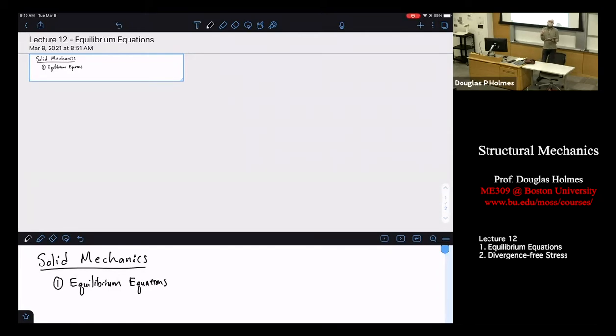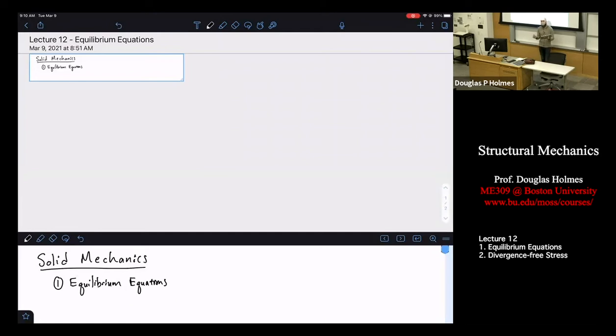One, the governing equations are differential equations. That's true for most field equations in physics and mechanics engineering. But two, and this is a bit different compared to most of the field equations, is that our stress, which is described by differential equations, the quantity that we're taking derivatives of is a tensor. And that makes things tricky.